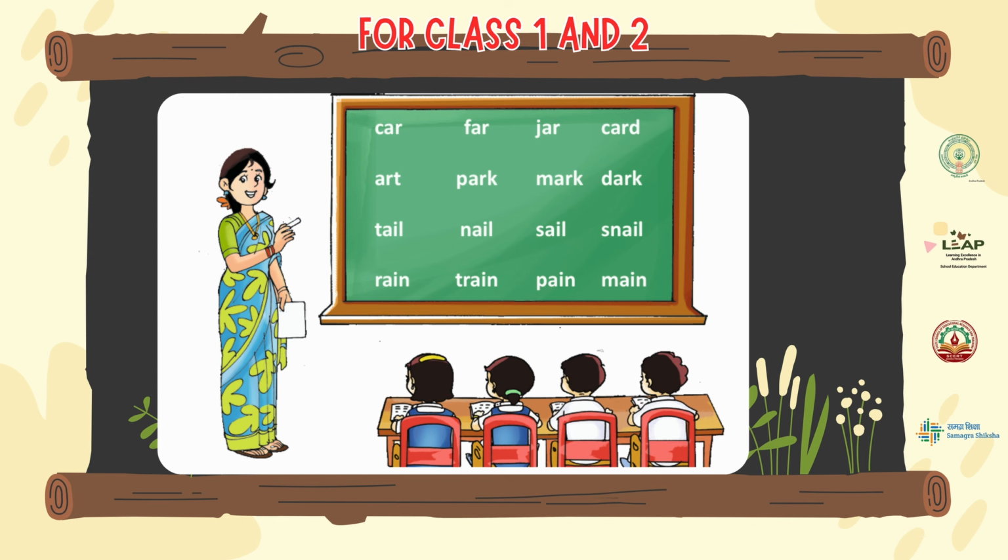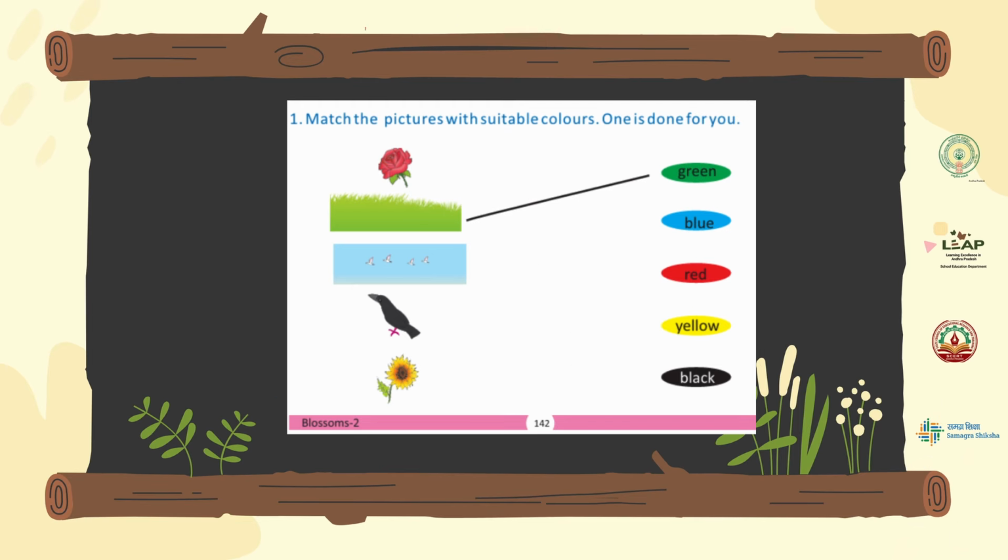So once again, car, far, jar, card, art, park, mark, dark, tail, nail, sail, snail, rain, train, pain, main.